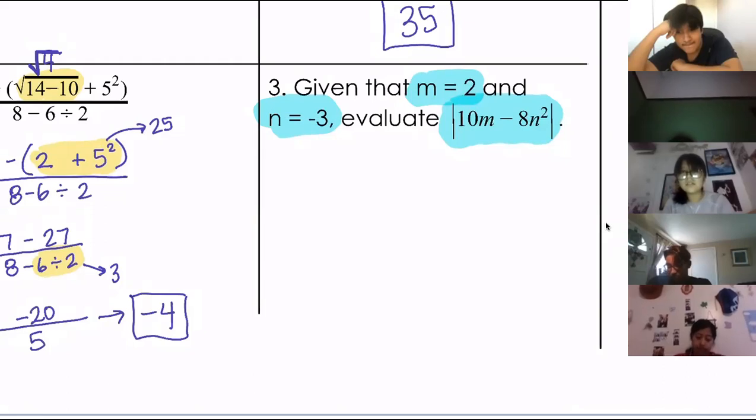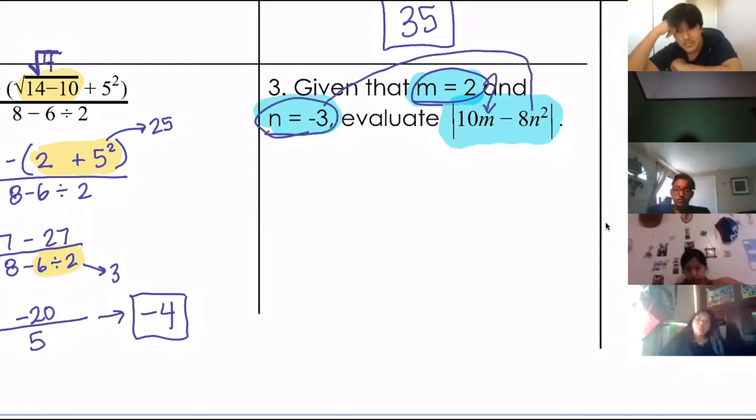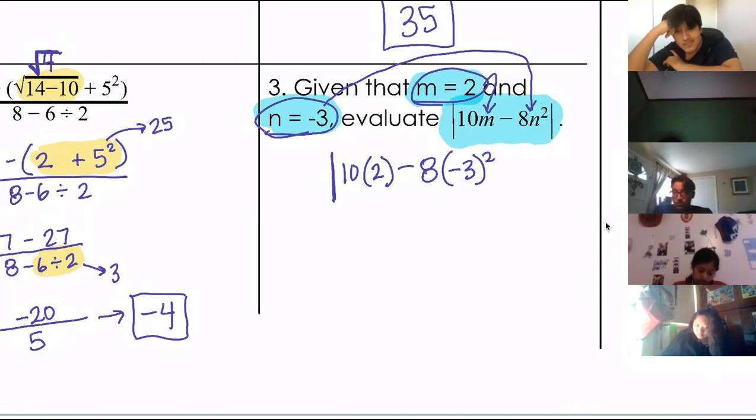So we're going to take the m equals 2 and plug it in right here. We're going to take the n equals -3 and plug it in right here. So I'm going to make sure that I use parentheses. I'm going to write that absolute value sign, 10 times 2, that's the 10m, and then minus 8, -3 squared, and put my absolute value there.